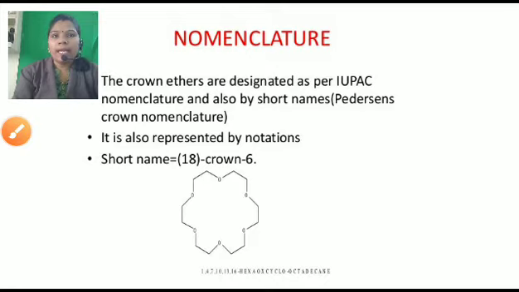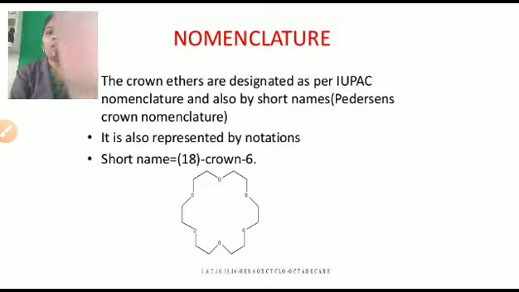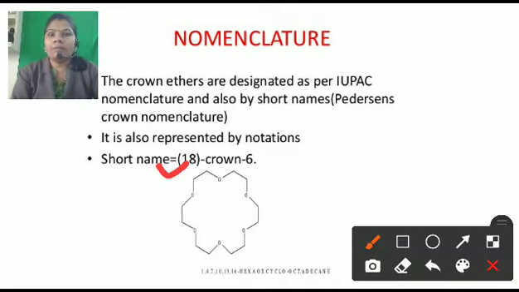Let's learn the nomenclature of crown ethers. Crown ethers are designated as per IUPAC nomenclature, and also by short names in the Pedersen crown nomenclature. It is represented by a notation like 18-crown-6. Here 18 means the total number of atoms present in the ring, and 6 means the number of heteroatoms, that is, the number of oxygens.